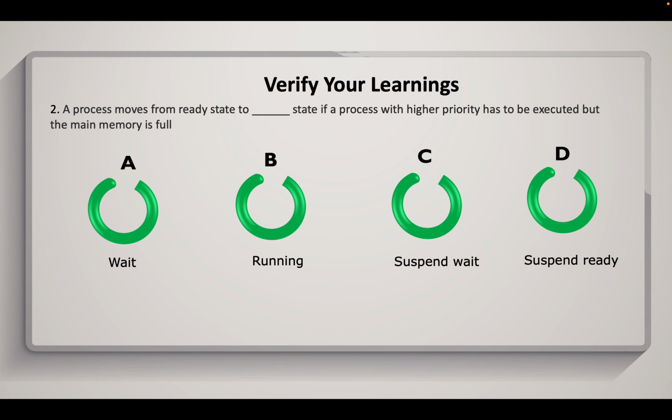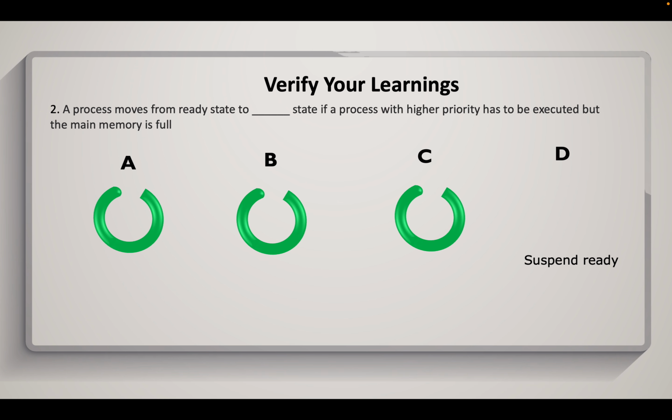The process may be moved from ready to suspend ready, because there is no space in the memory. So for the higher priority process to execute, it will move from ready to suspend ready.